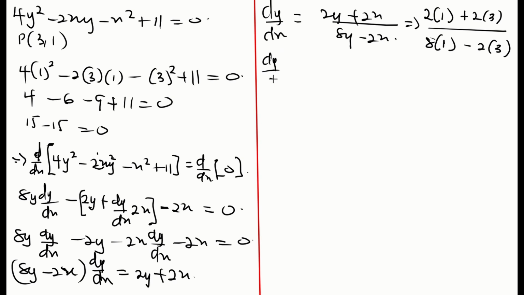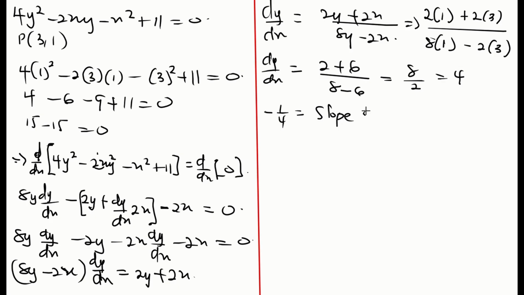So that is going to give me my dy/dx, which is 2 plus 6 all over 8 minus 6. This is the same as 8 over 2, which is 4. Now we find the negative reciprocal of this, which is going to give minus 1 over 4, which is actually the slope of the normal.